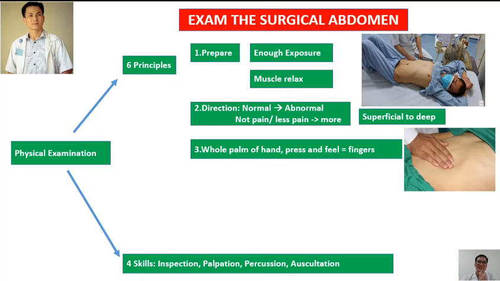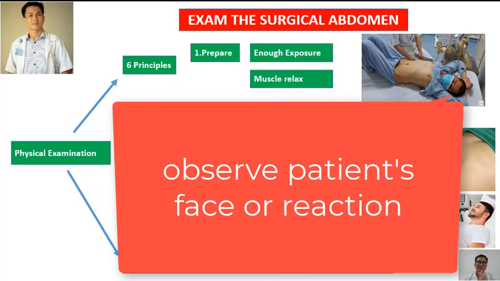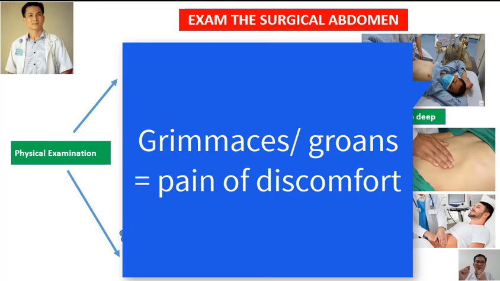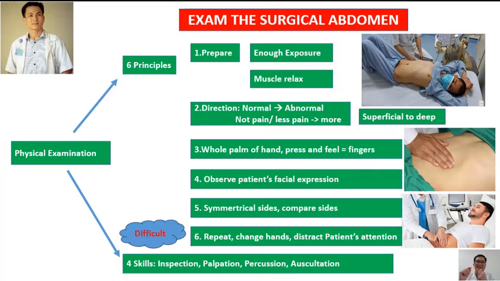And the fourth technique is observation of facial expression. So pay close attention to your patient's facial expressions during the examination. If the patient grimaces, this indicates pain and the examination should be paused.